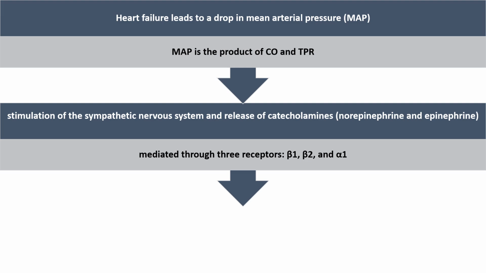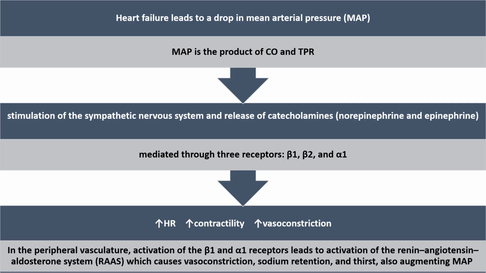This in turn will lead to a stimulation of the sympathetic nervous system and release of catecholamines such as norepinephrine and epinephrine, which is all mediated through three receptors, beta 1, beta 2, and alpha 1. As a result, we get these compensatory changes, and these are favorable changes initially: the increase in heart rate, an increase in contractility, and an increase in vasoconstriction.